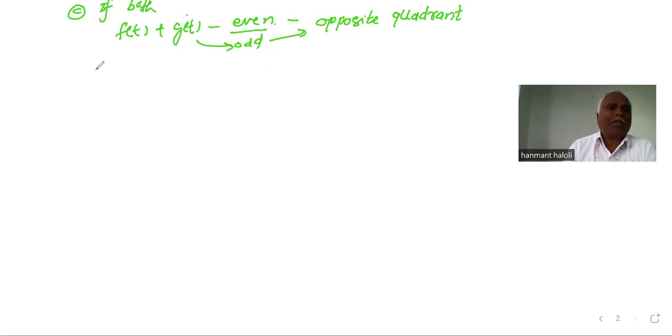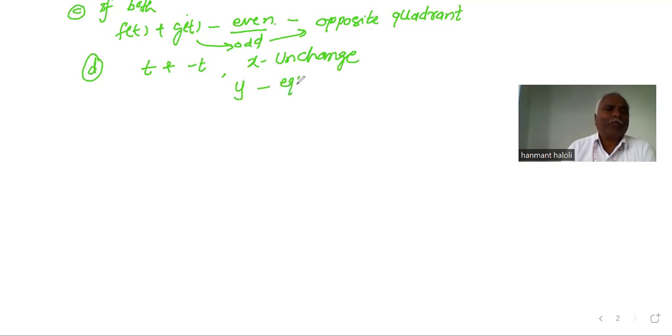Now, the next point is that if you replace t by minus t, then x remains unchanged, and y gets an equal and opposite value.